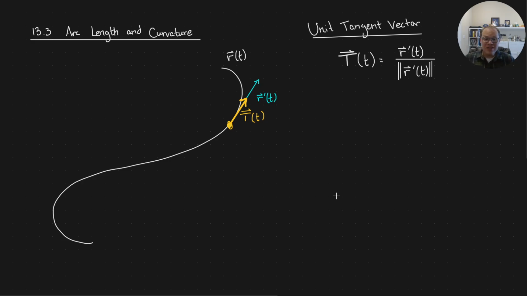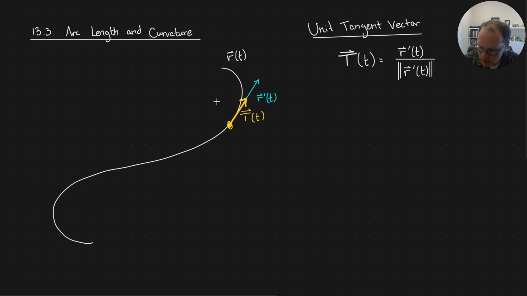Okay? But there's other information to this curve. For example, notice that this curve is bending this way. Okay? It's bending to the left. Down here, it bends to the right, doesn't it? That's going to be true no matter the parameterization, that direction of bend. We want to be able to capture that information too.